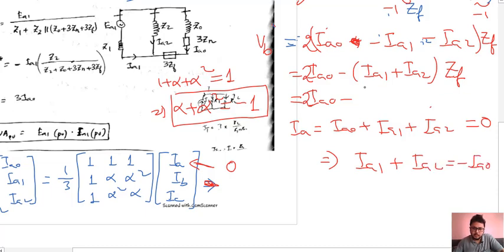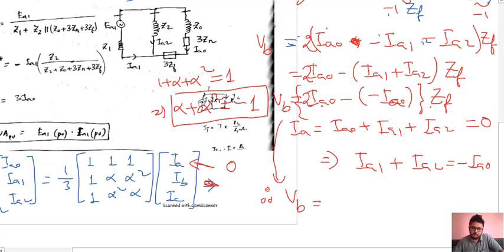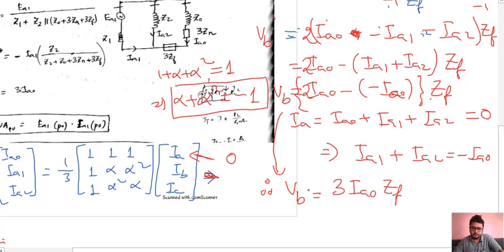So this value I am putting here, minus of Ia naught, this whole into ZF. Therefore finally VB will be 2 times Ia naught plus Ia naught, 3 times Ia naught ZF. So this is one important relation.